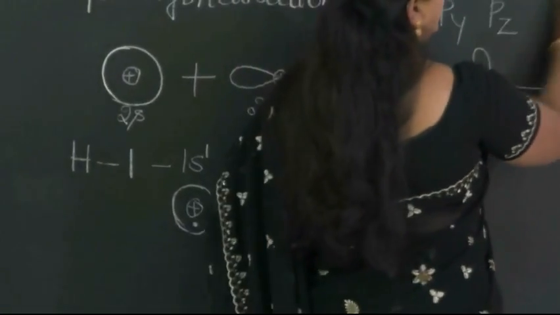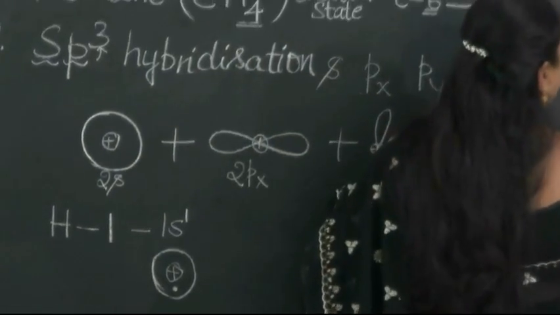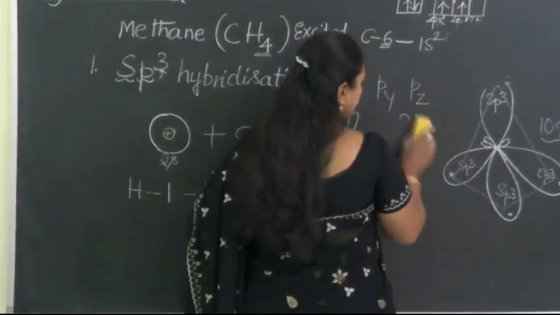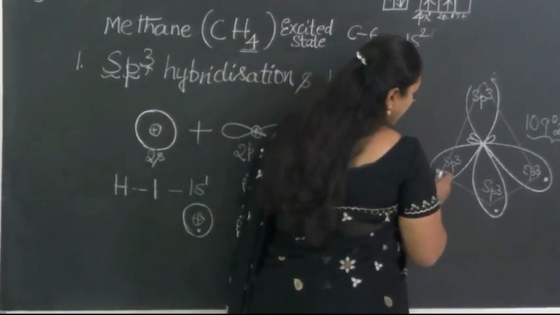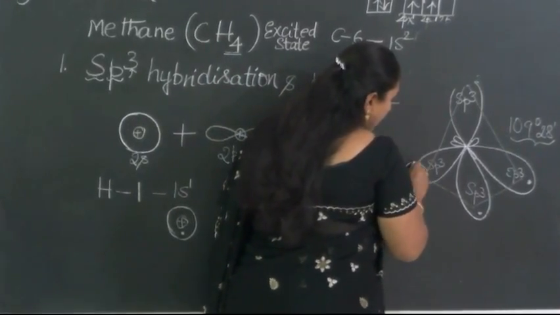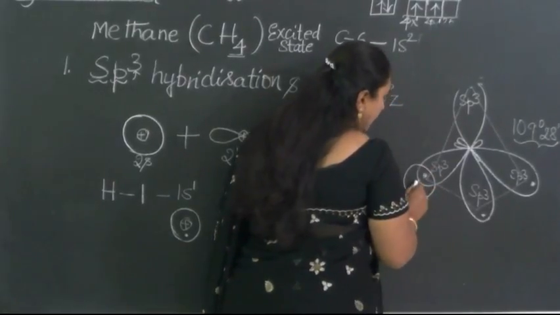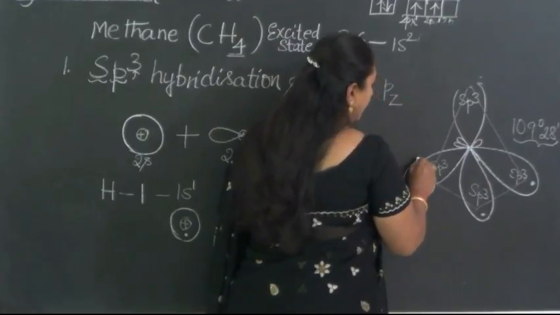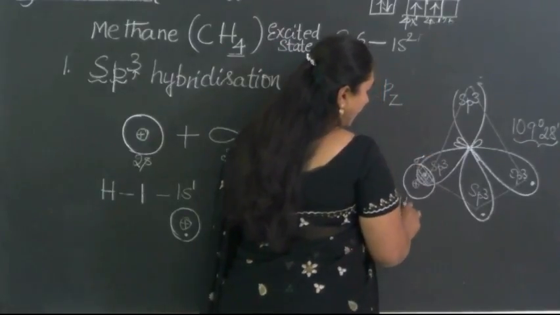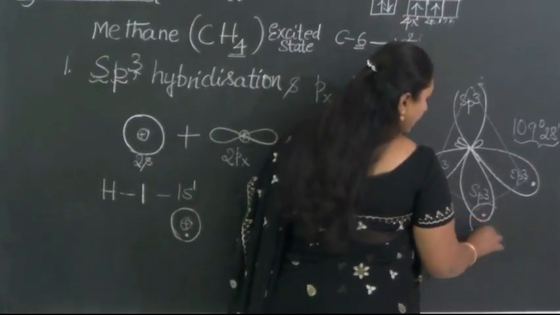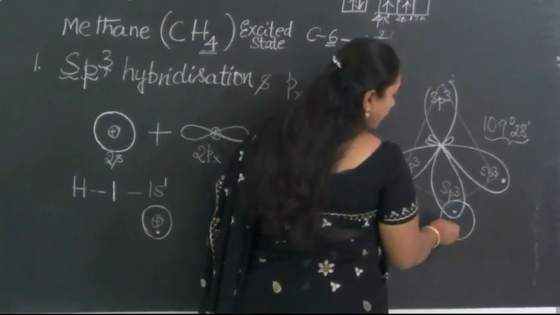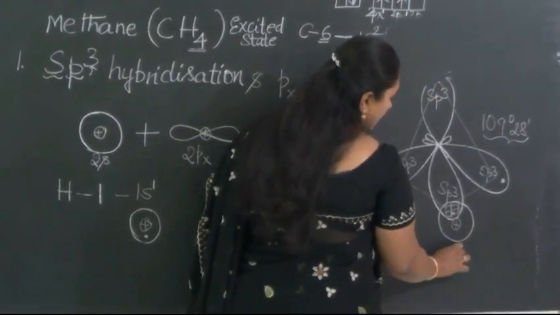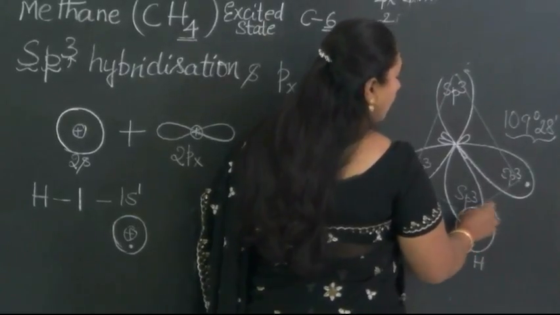So what happens now? At each sp3 hybrid orbital, there is overlapping of the spherical orbitals of the hydrogen. And now they are undergoing head-on overlapping, and if they undergo head-on overlapping, what kind of bond is formed? Yes, we know that it results in the formation of sigma type of covalent bond.